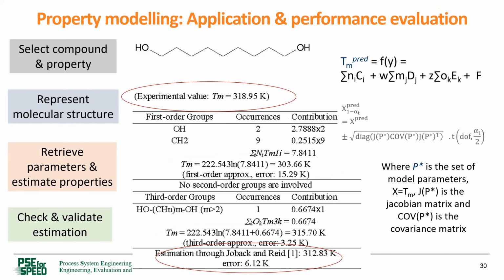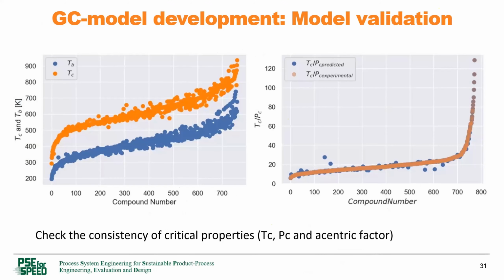If we want to estimate the uncertainty, if we have the covariance matrix and the Jacobian with respect to the parameters, then the equation that you see gives us also the uncertainty. And then we need to cross-check how good is the model and is it reliable.